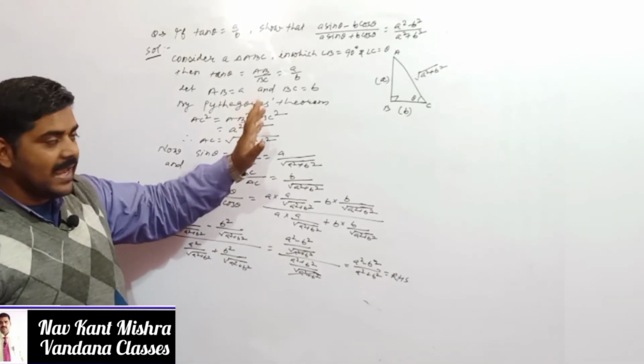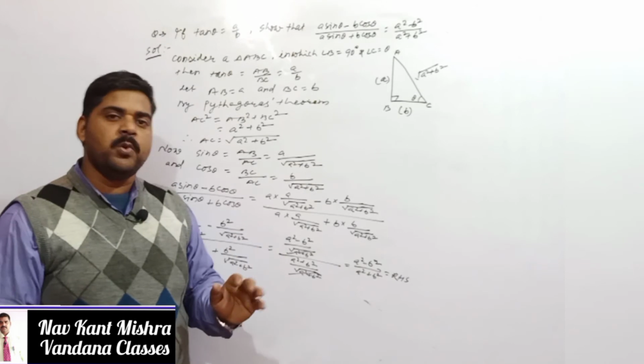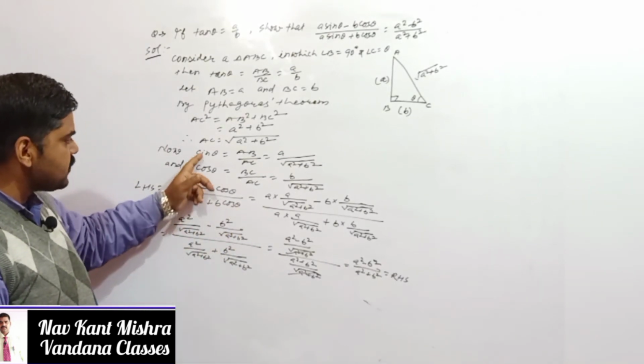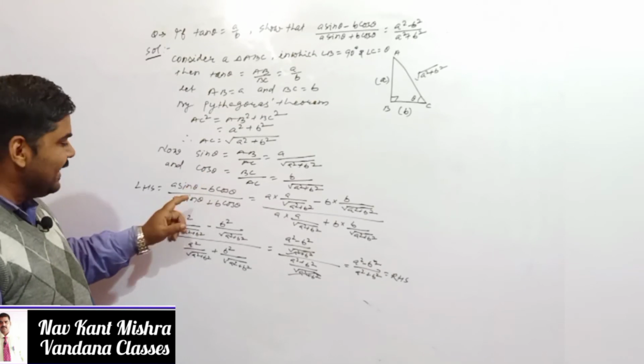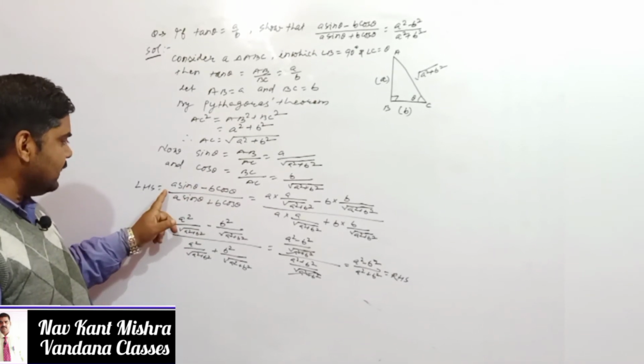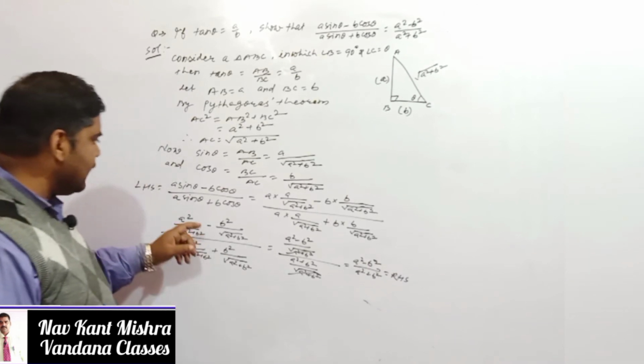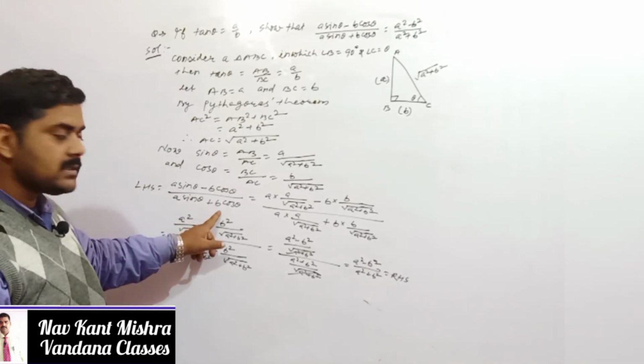Now you can check the LHS portion of this question. You have to put the values of sin theta and cos theta in the LHS, that is (a sin theta minus b cos theta) upon (a sin theta plus b cos theta).